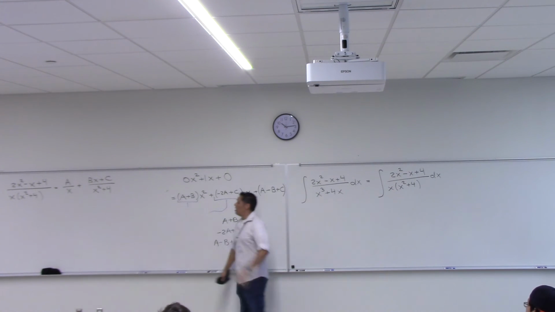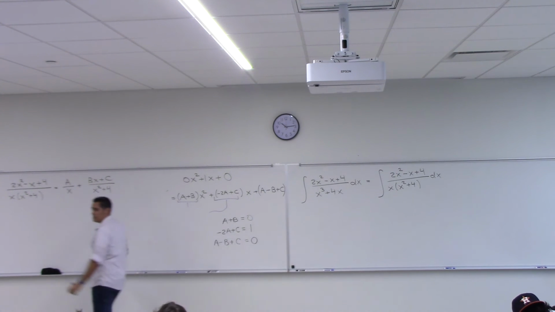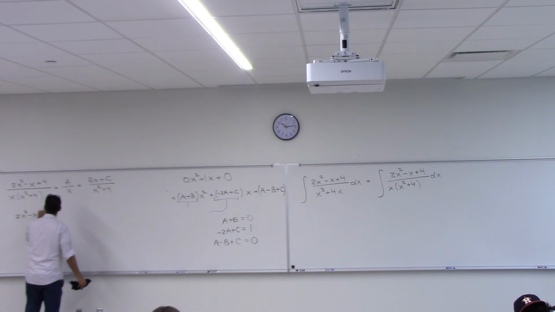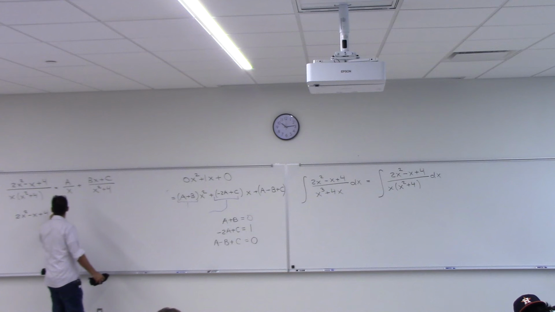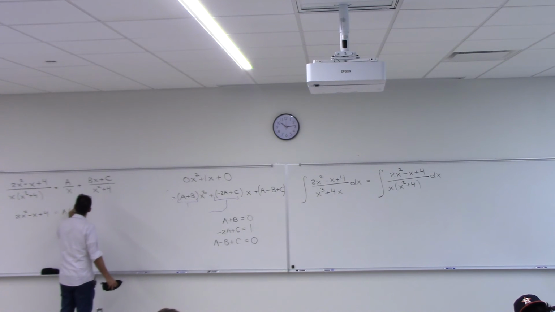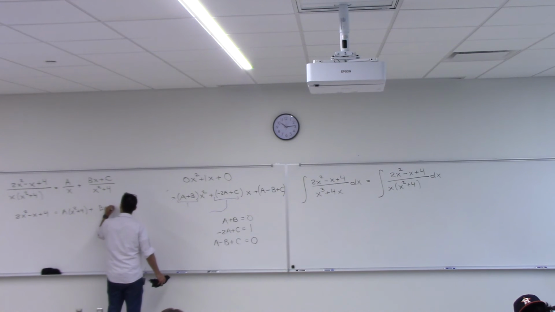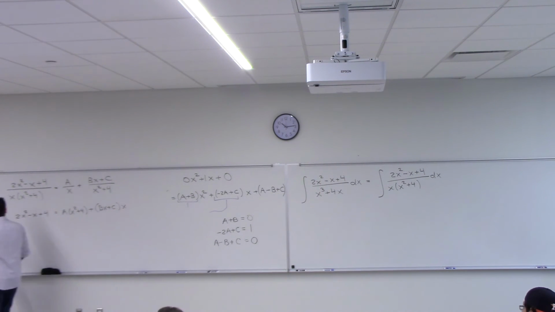All right, so here we are. Clear the fractions. I'm not going to show this step, I'm just going to do it. If I multiply both sides through, I get A times x squared plus 4, plus Bx plus C times x. When I do this over here, they cancel.